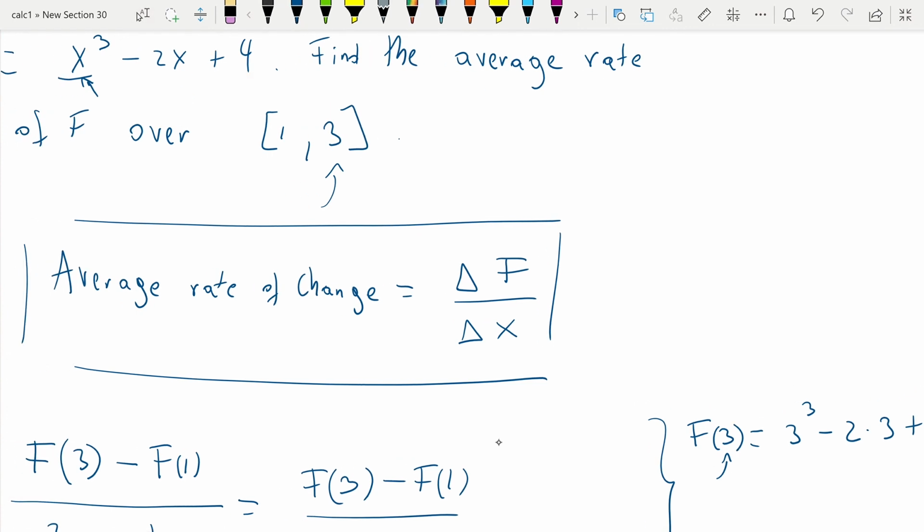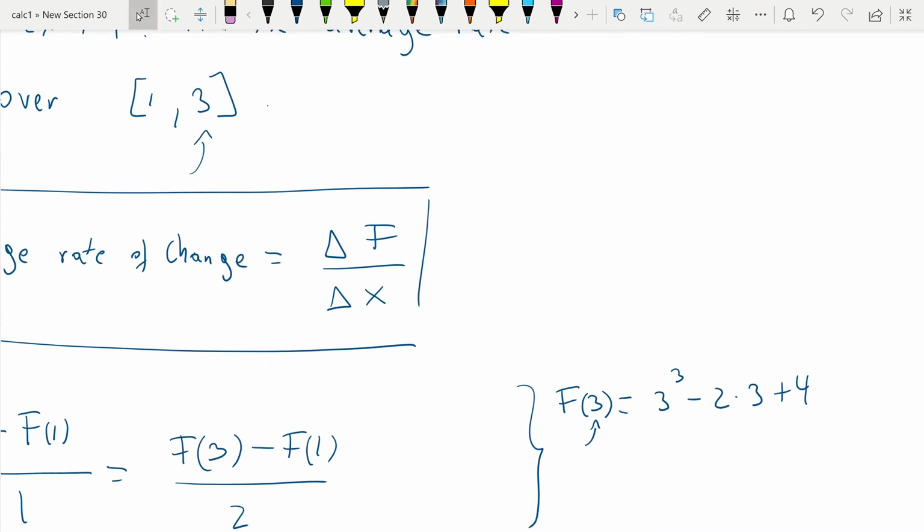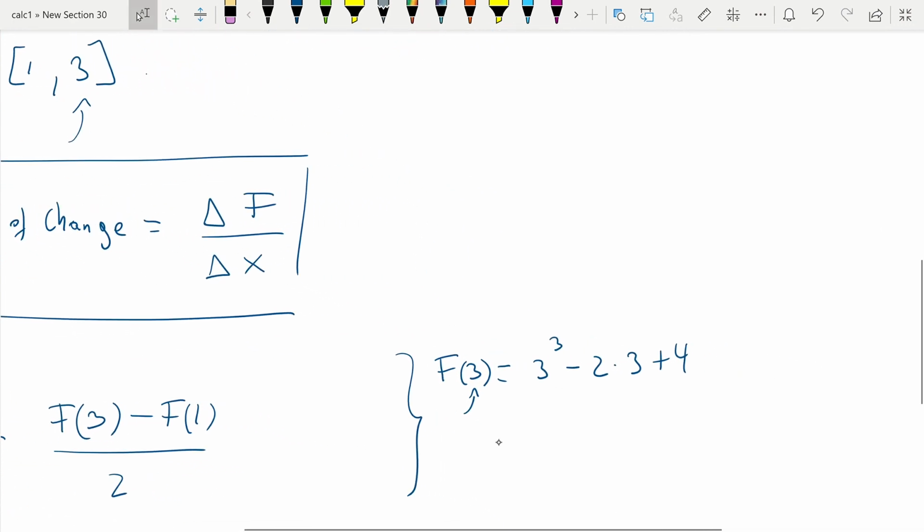I apologize. Okay, so that's f of 3, and 3 cubed is just 27 minus 6 plus 4.